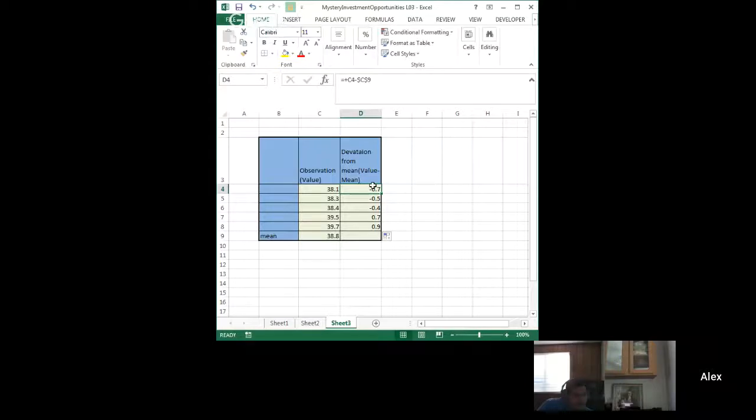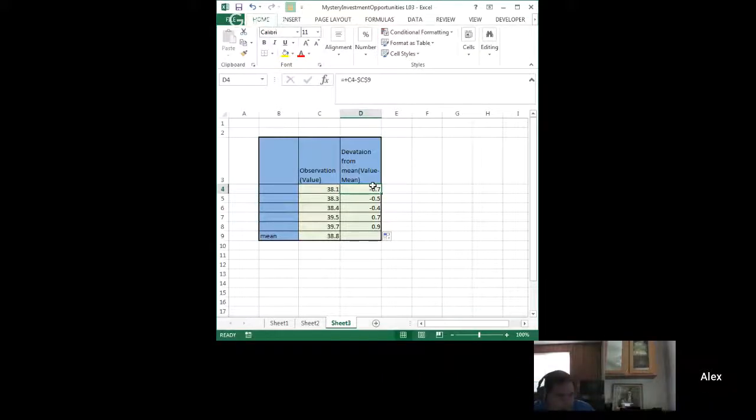So that's why you get negatives. So the first observation was a deviation to the left. Okay. So if it's negative, it's going left. If it's positive, it's going right. Gotcha. All right. I think I got that figured out. Cool. That's how that works.